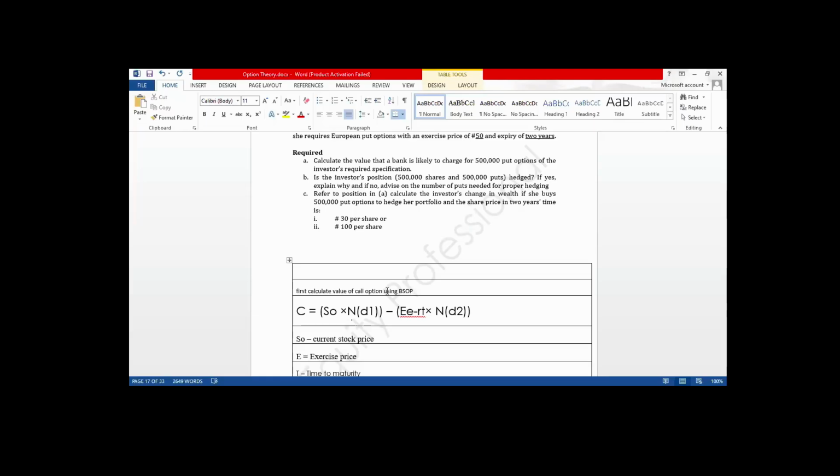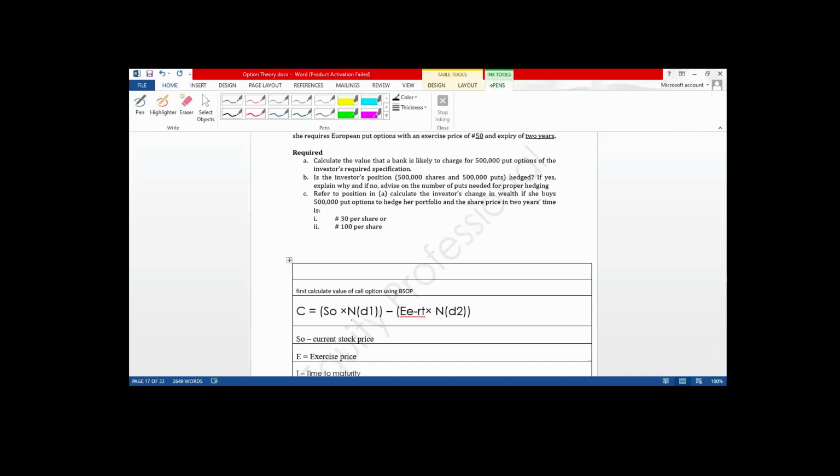Let us calculate the value of call option. That is the price of call option. This is the formula for call option. X0, current stock price.